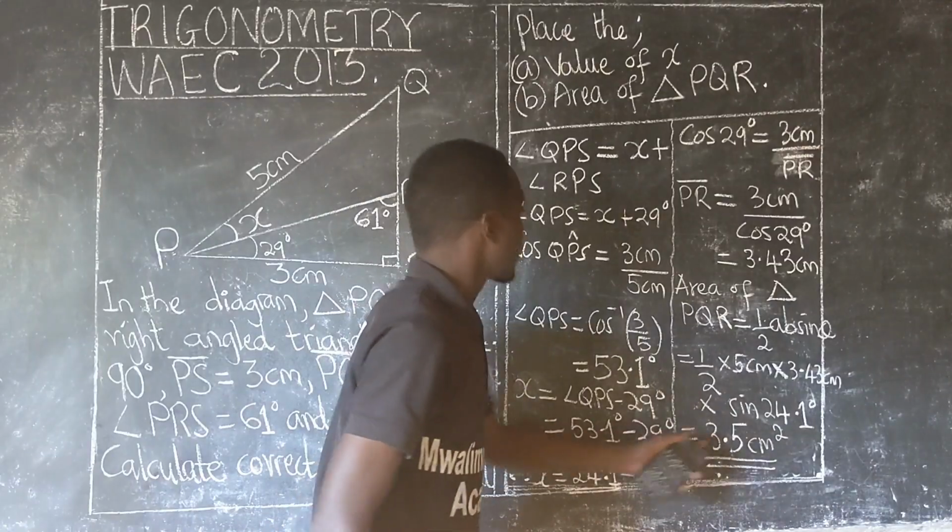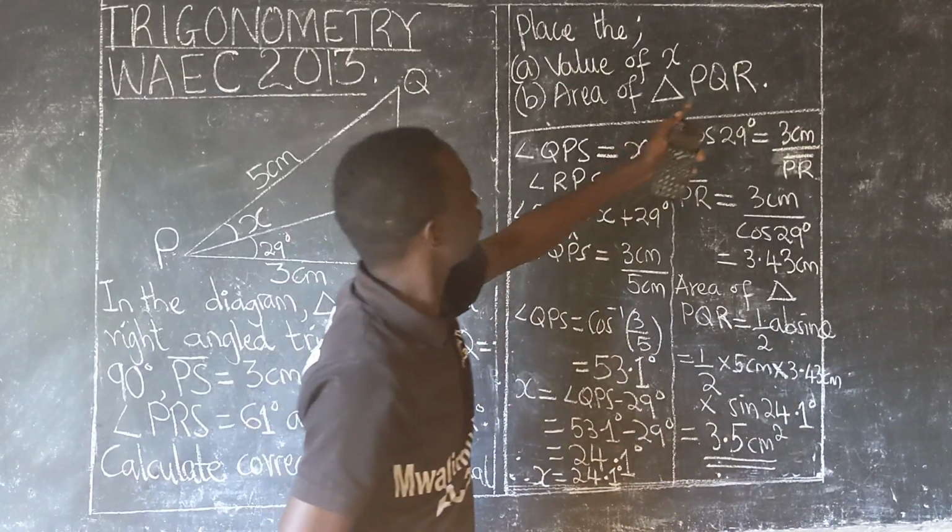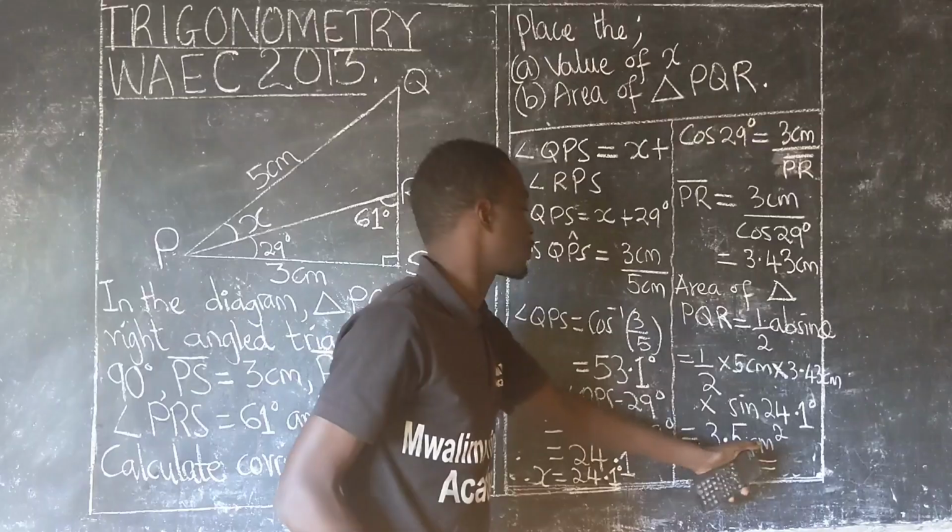Therefore, we conclude that the area of triangle PQR is equal to 3.5 centimeters squared.